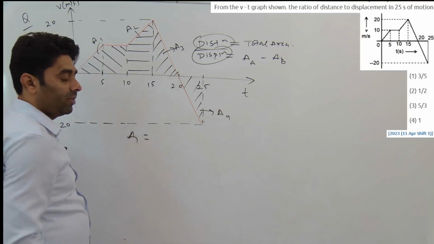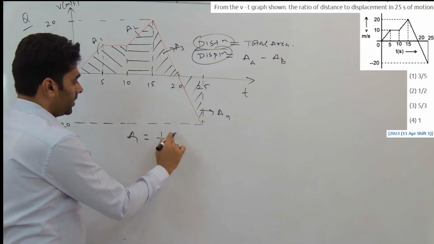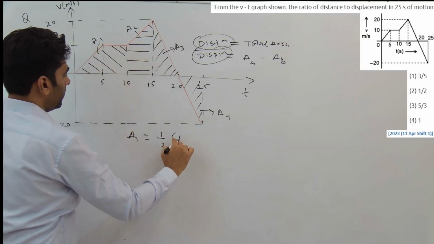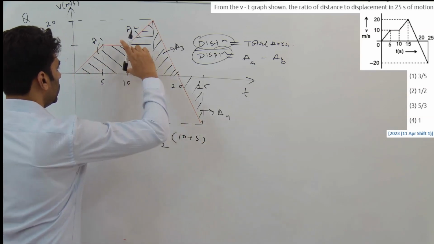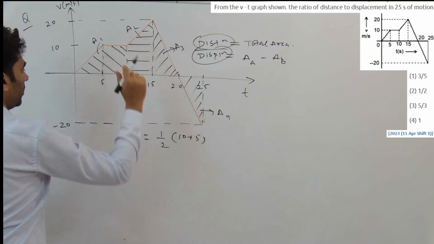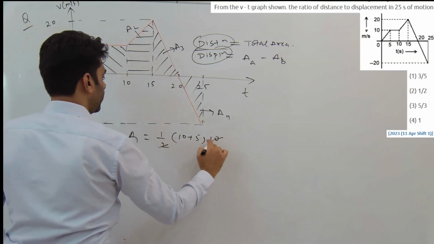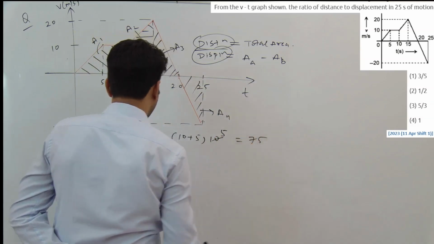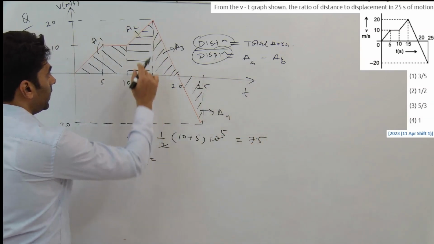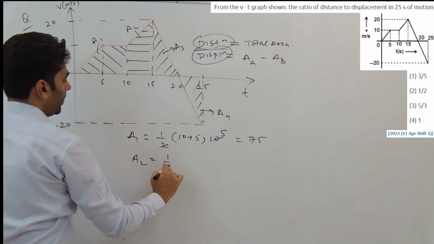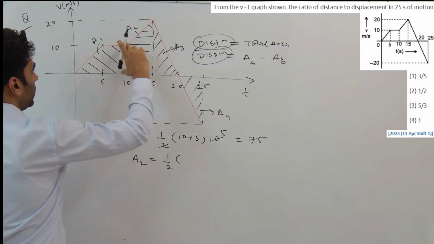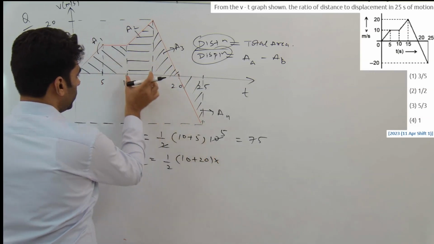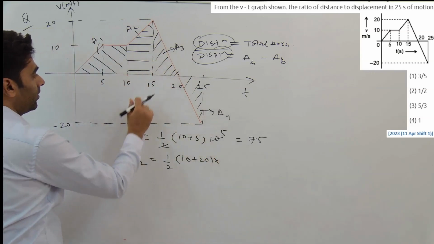Area of a trapezium is half the sum of parallel sides, 10 plus 5, into the perpendicular distance, that is 10. How much do we get? 10 plus 5 is 15, 15 into 5 is 75. A2, the area of the second trapezium, again 1 by 2 sum of parallel sides, this is 10, this is 20, 10 plus 20, into the perpendicular distance, that is 5.